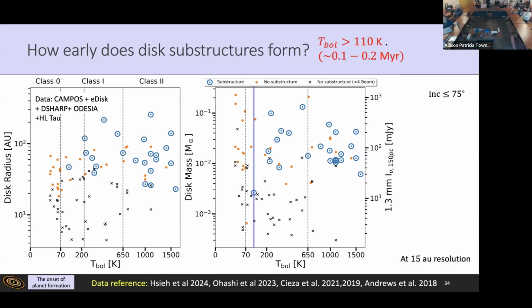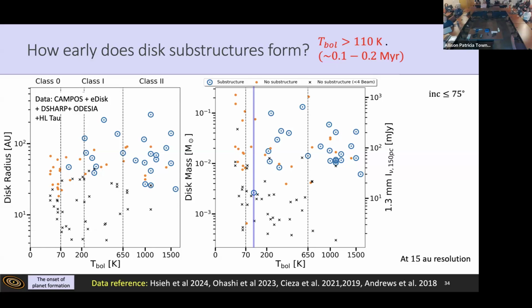And so the blue symbol represents the disk with substructure, and the orange is the one without substructures. And the black cross represents sources that are compact, which have diameter less than 4 beams. So just from this plot, you can see substructures start to appear around a bolometric temperature of 110 Kelvin.